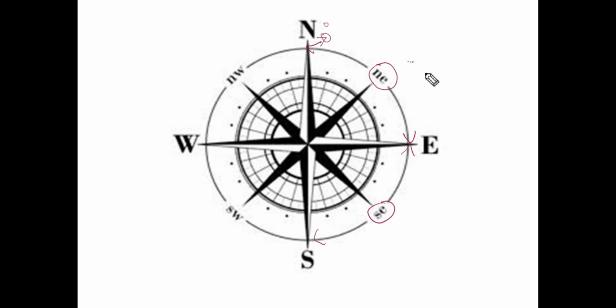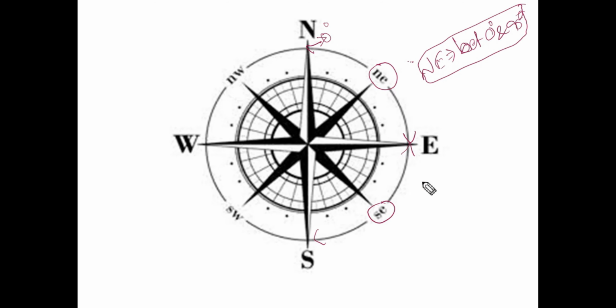So what is the angle of northeast? Northeast can be any angle between 0 degrees and 90 degrees. What is the possible angle of southeast?